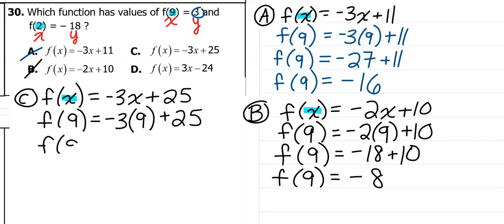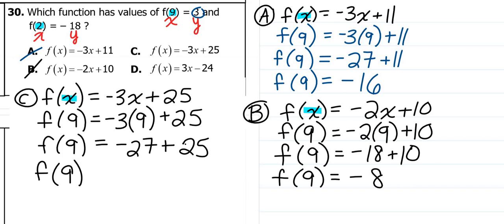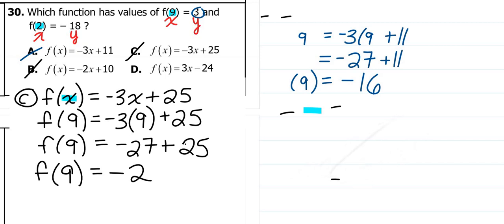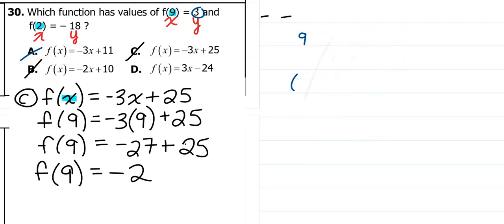F of 9 equals negative 3 times 9 is negative 27 plus 25. So f of 9 equals a negative, and then 27 minus 25 is 2. Okay, we're getting closer to 3, but definitely not choice C. Let's hope that choice D works. Otherwise, we probably made a mistake somewhere. So I'm going to clear this off. And you do require a lot of paper for this one.